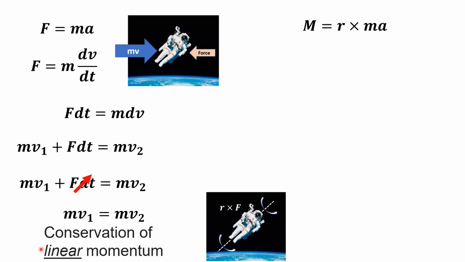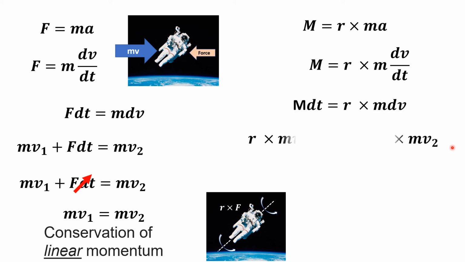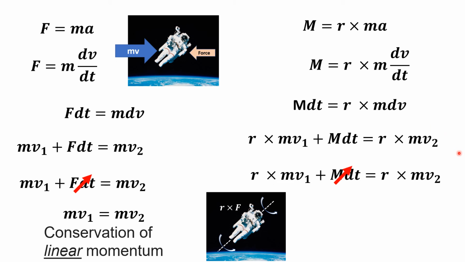And you can look at it as conservation of linear momentum, or in the case of rotational motion where we have moments acting, if a moment is not applied to it, then initially R cross MV is going to be the same as at the end, R cross MV. And if you can do cross products for forces, it's the same idea doing cross products for velocities. So it's the same idea in each of those cases.